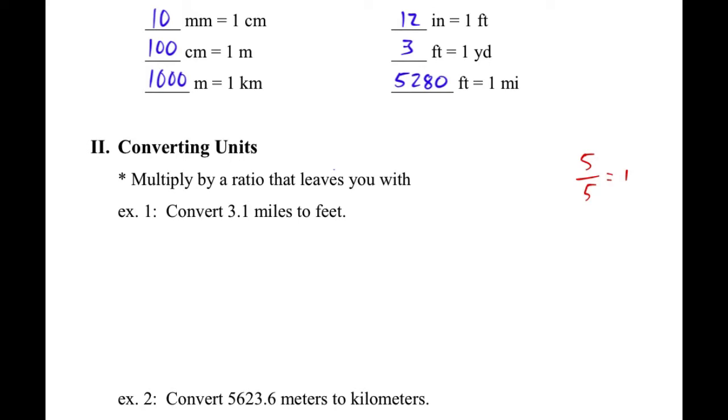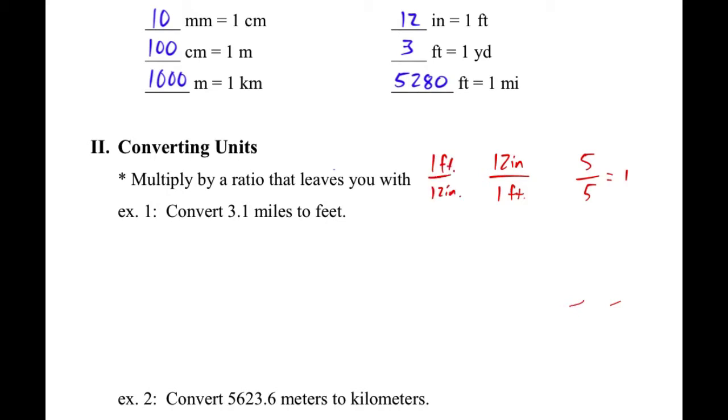If I were to multiply by 12 inches over 1 foot, am I still multiplying by 1? Yes, because 12 inches and 1 foot are the exact same, right? What if I were to flip that and have 1 foot over 12 inches?